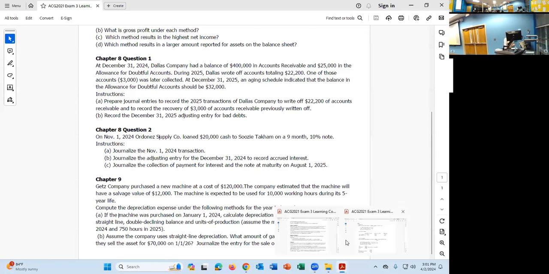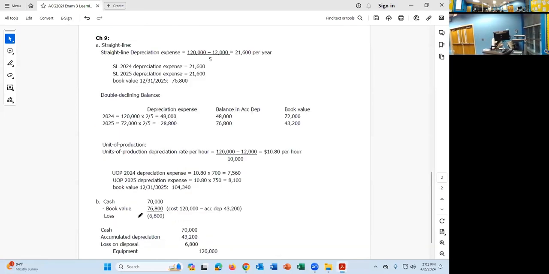And so what that's going to look like, your gain or loss will compare the cash you sold it for to the current book value of the asset. And remember, we already calculated that book value, because I told you we're going to use straight line depreciation. Up here, straight line, we figured out the book value at the end of 2025 was $76,800.